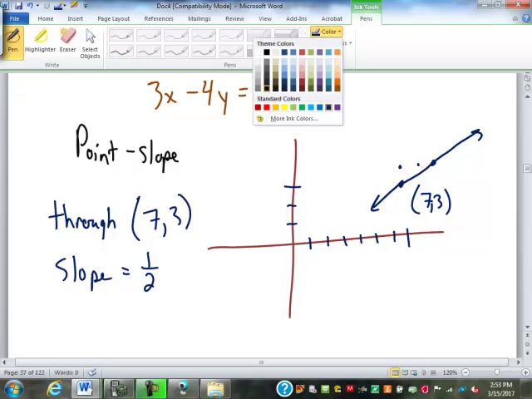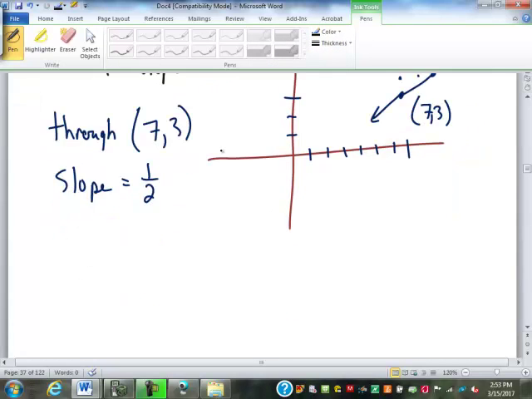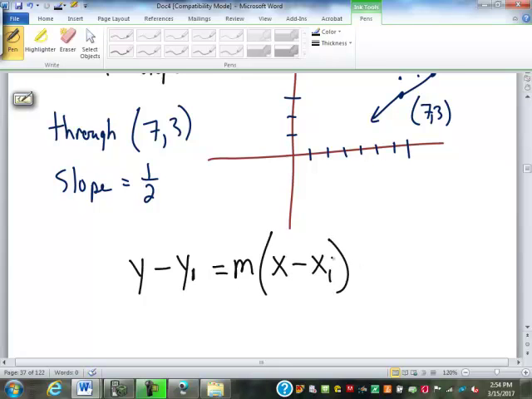So the point-slope form of an equation is y minus y1, which means just a point y, equals the slope, we use m to symbolize the slope, times x minus x1, which is the point for x.